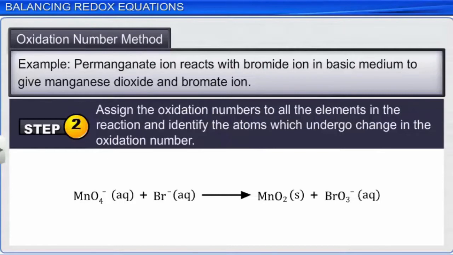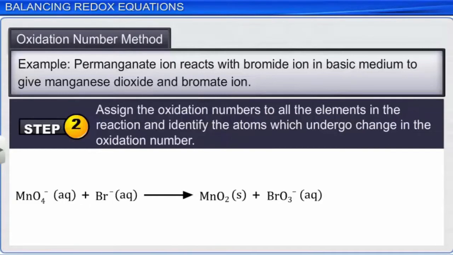We note that in polyatomic ions, the sum of the oxidation numbers of all atoms in the ion is equal to the charge on the ion. Thus, the oxidation number of manganese in permanganate ion may be calculated as follows.